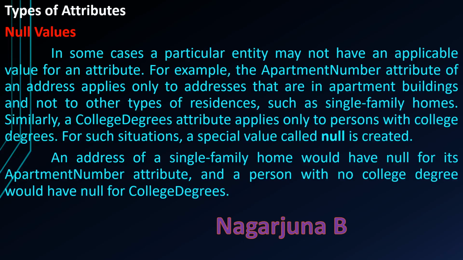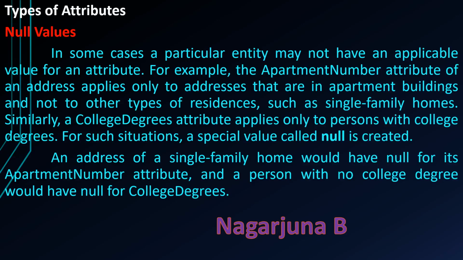For such situations, we can give a special value, and that special value is called null. An address of a single family home will have a null value for the apartment number, and a person who does not have a degree will have a null value for the college degree.